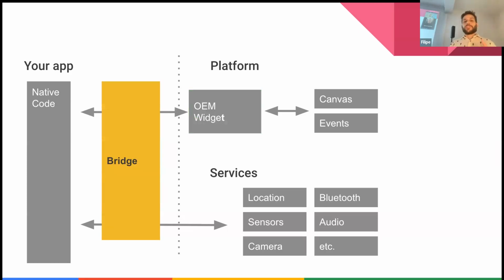So a new solution kind of appeared, one that they call a native build, right? One that leverages the existing OEMs, but creates a bridge between the services and the platform. And this means that with only one programming language, the most common again being JavaScript, you could code accesses to the platform, to the services.